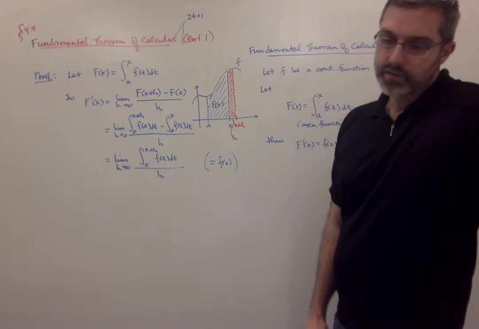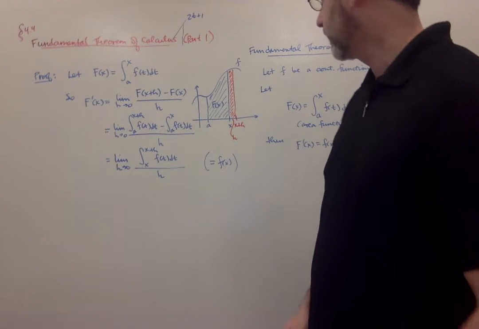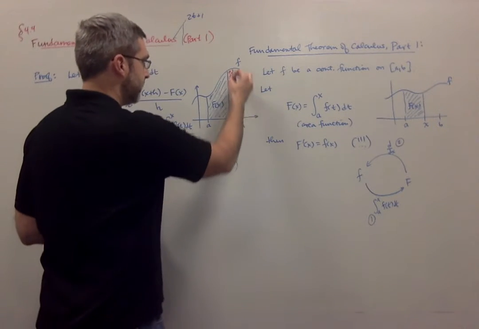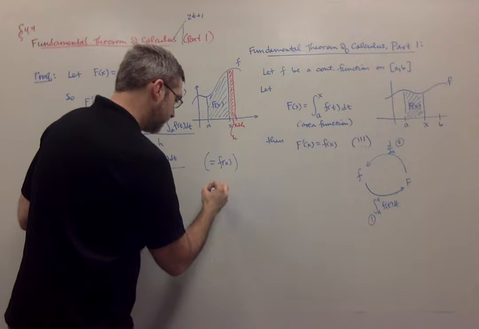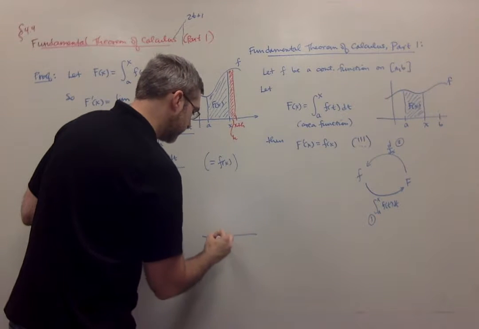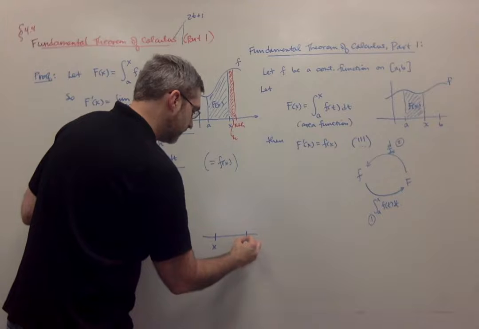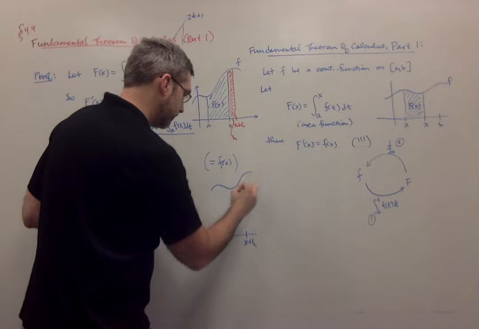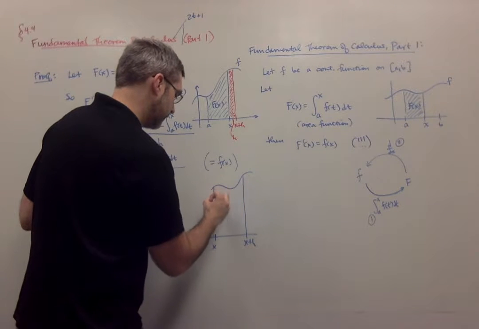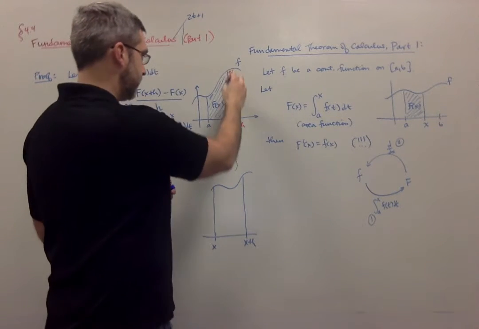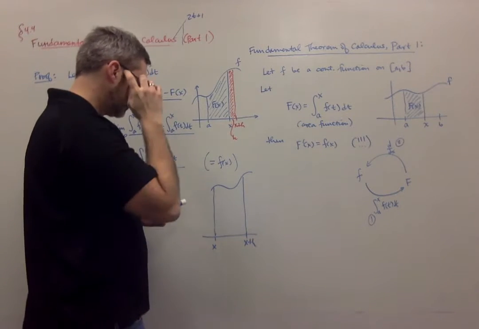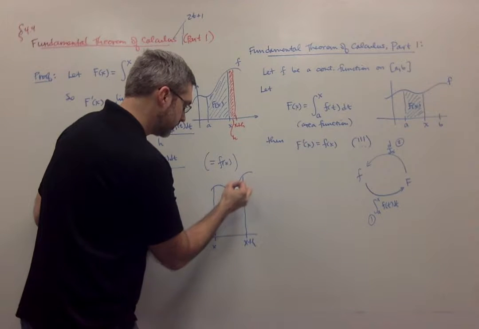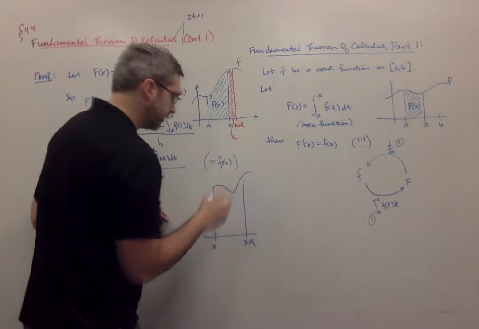Okay, so in order to get this, we're gonna have to get a little bit technical here. So I'm going to take this and just expand it out a little bit more. So I'm going to have the interval from x to x plus h. Okay, this is that area that I have in red there. Okay, make this a little more obvious, because it doesn't have to be really nice in between right now.